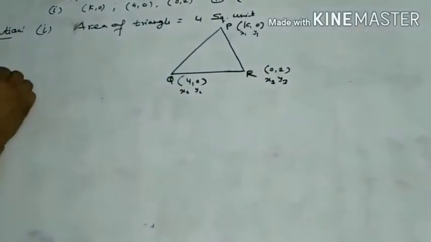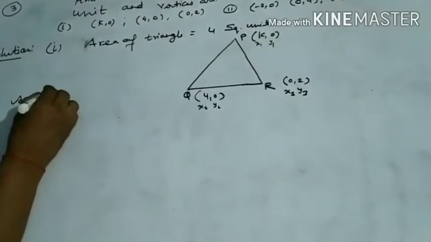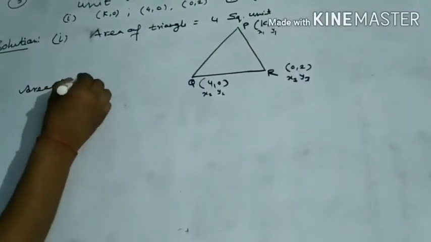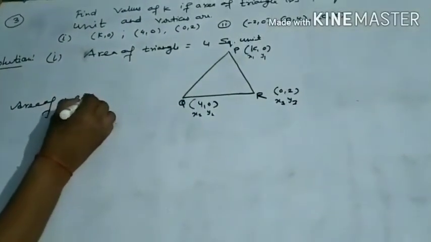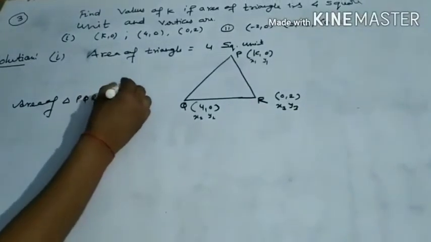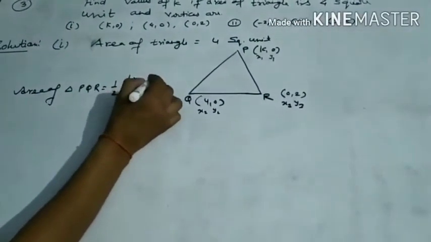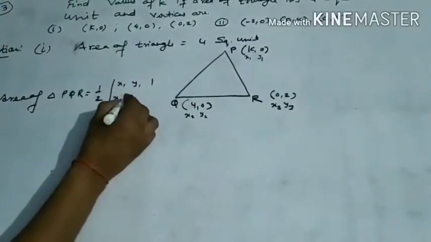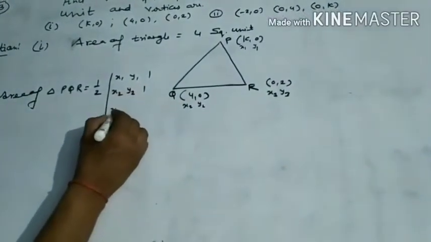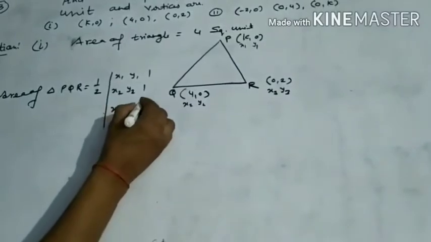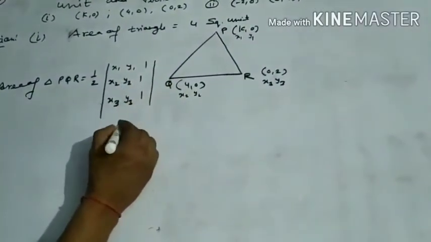So the area of triangle PQR is equal to 1 by 2, and then x1 y1 1, x2 y2 1, and x3 y3 1, and this is given.